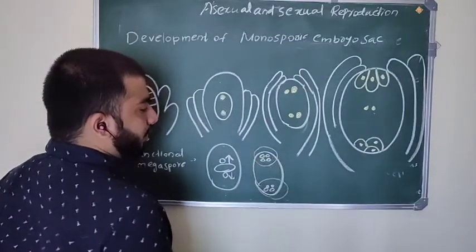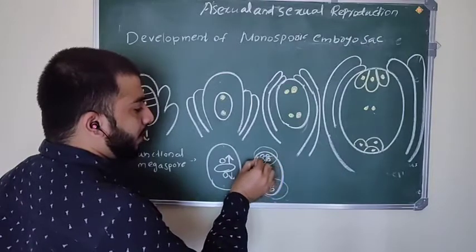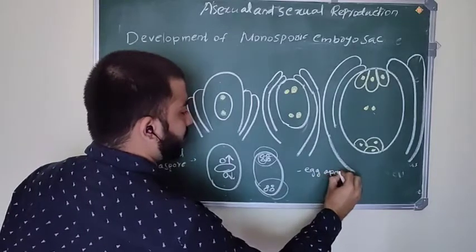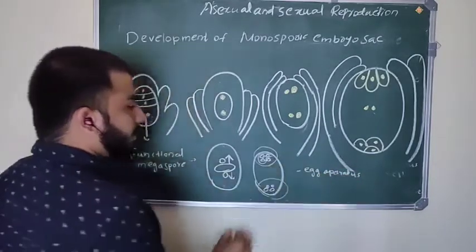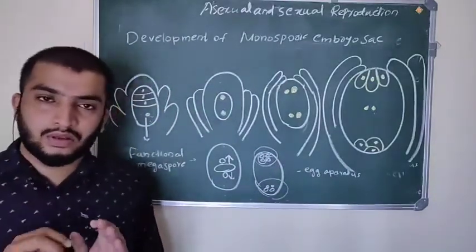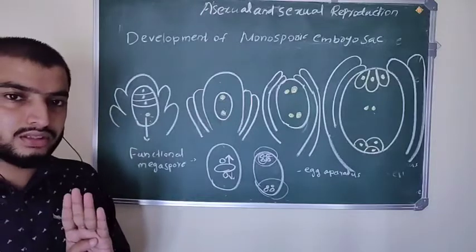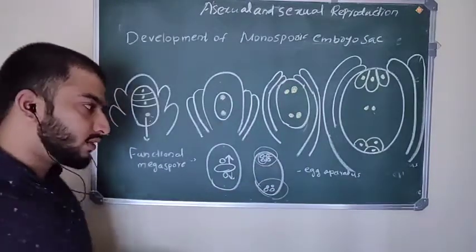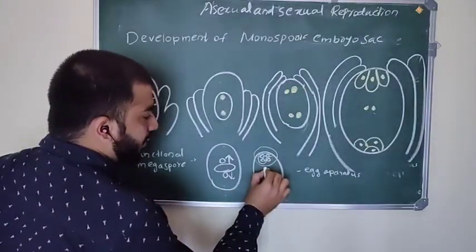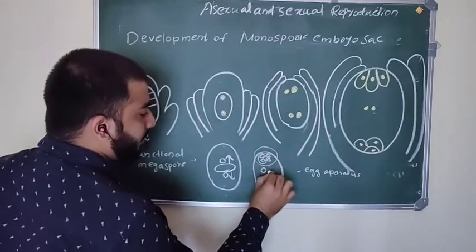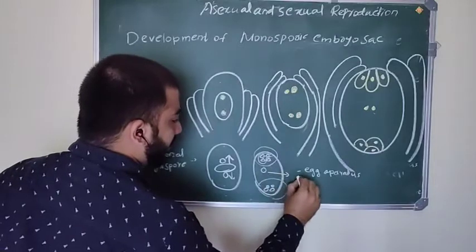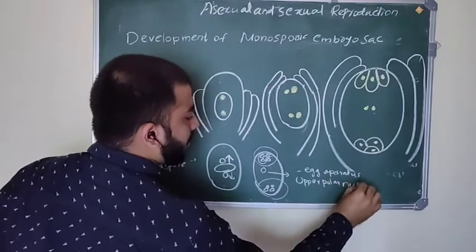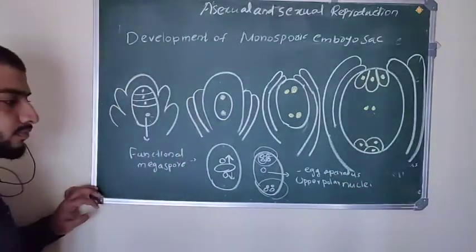Out of the four daughter nuclei present at the micropylar end, three daughter nuclei organize to form the egg apparatus, and they leave one daughter nucleus free, and that becomes the upper polar nucleus.